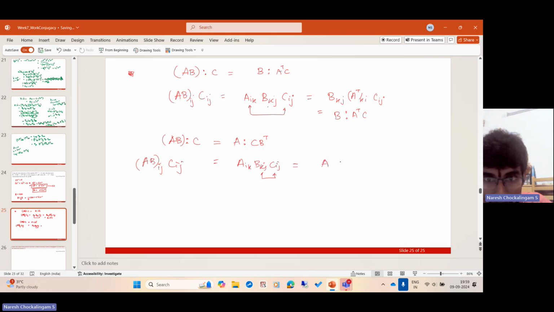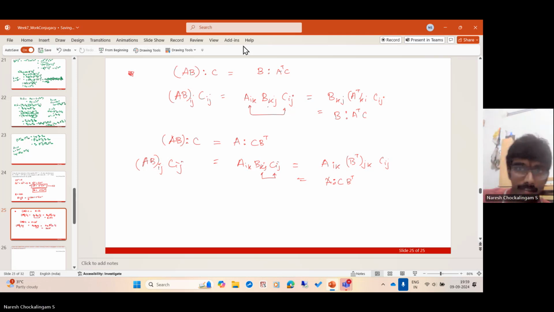So you get it is AIK B transpose JK CIJ, which is nothing but A contracted with C B transpose. So have these two results in mind. This is say result A and this is result B.